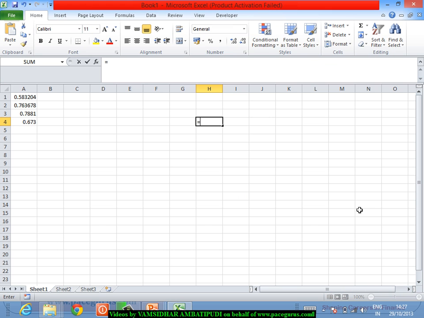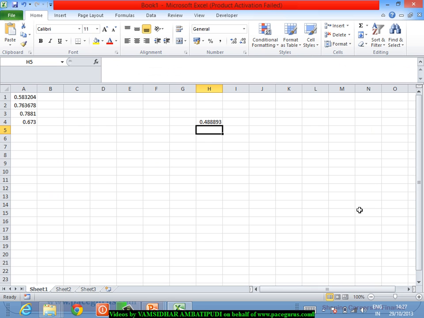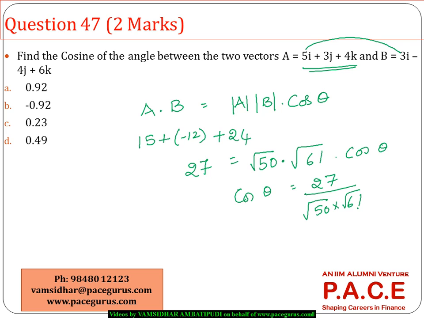So I can do it as 27 divided by square root of 50 into 61, working out to almost 0.49. So I can mark the option choice B as the answer in this case. A dot B equal to AB cos theta.